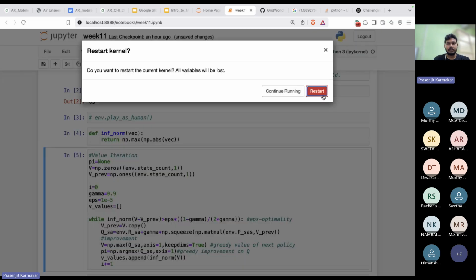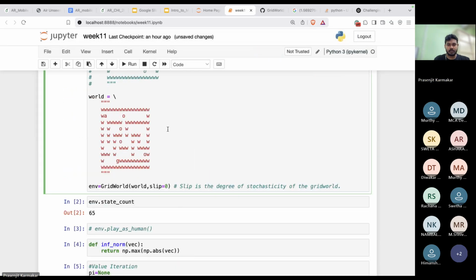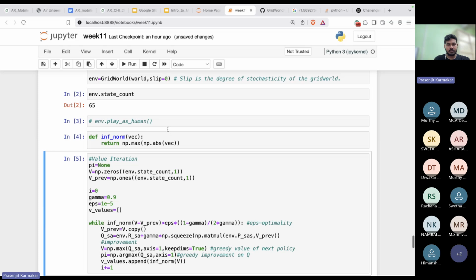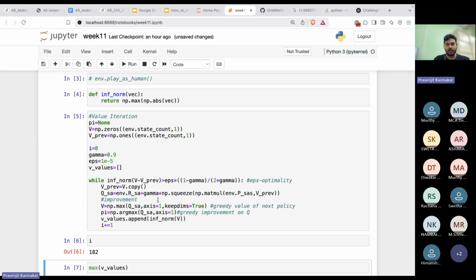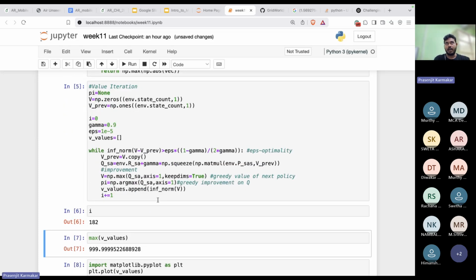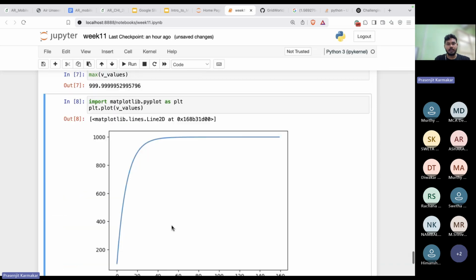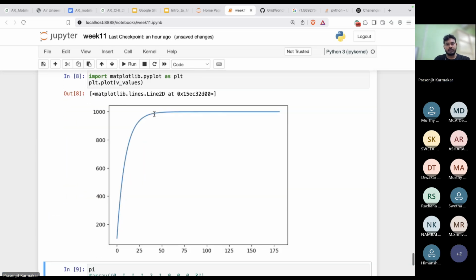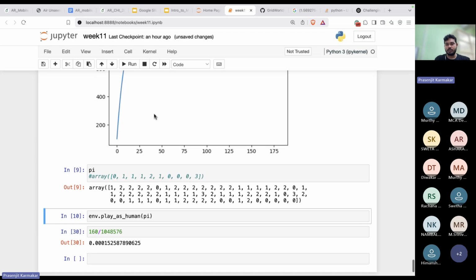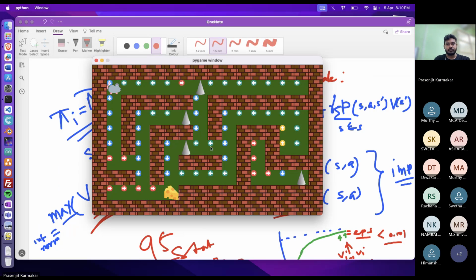Let's just restart and see. It takes 182 iterations, so it is allowing 60 to 82, meaning 22 more updates from the previous one. The value is fine. Let's see whether those positions have been fixed or not. No, those positions are not fixed.